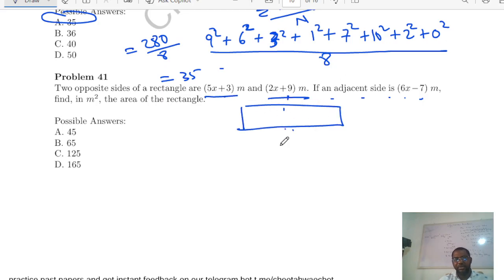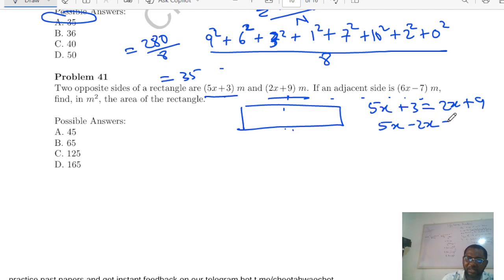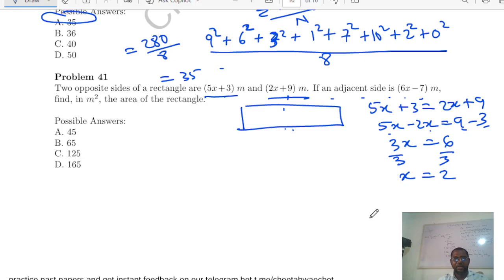So 5x plus 3 must be equal to 2x plus 9. If I collect like terms, 5x minus 2x is equal to 9 minus 3. 5x minus 2x is 3x, 9 minus 3 is 6. So I can divide both sides by 3, so x is equal to 2. So I can now find the area of the rectangle.